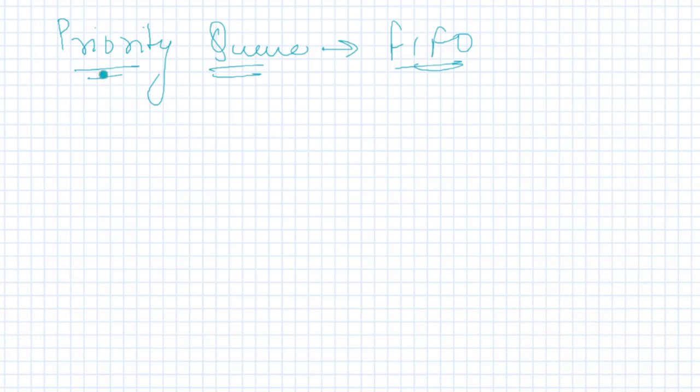But as it says, it's a priority queue, so it will be done on the basis of priority and not first in, first out. That is what we'll be using. Okay, let's see how things should go on.